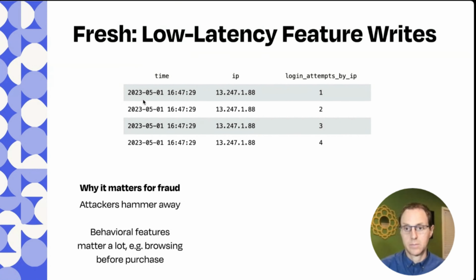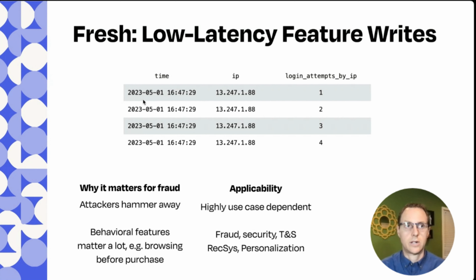This is the most controversial of the dimensions in terms of how important freshness really is. The answer is that it definitely does not apply to all machine learning use cases. It's highly use-case dependent.